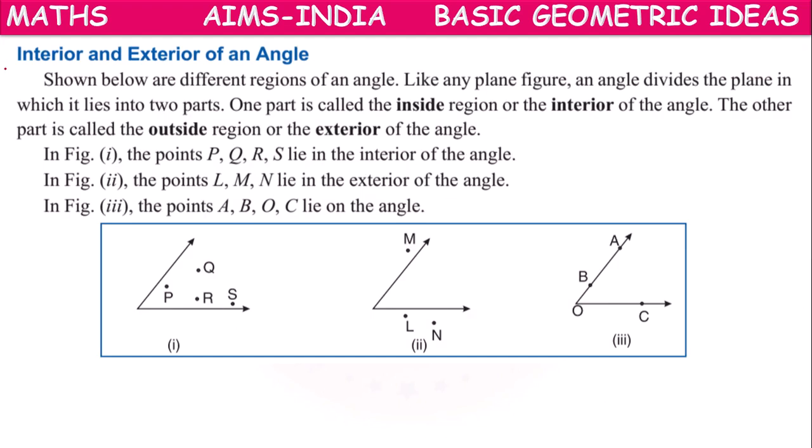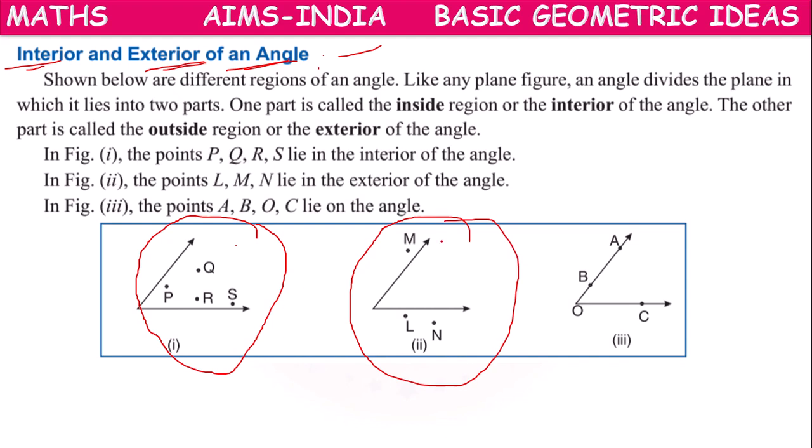Next, interior and exterior of an angle. So here, in the first picture, P, Q, R, S, some points are there. In the second picture, M, L, N, some points are there. In the third picture, A, B, C, O, some points are there.